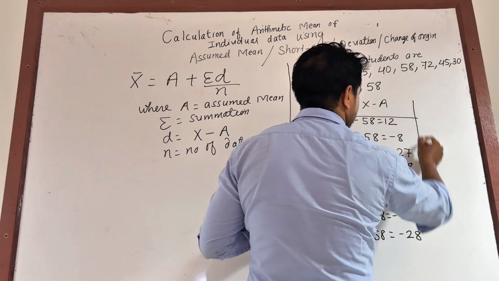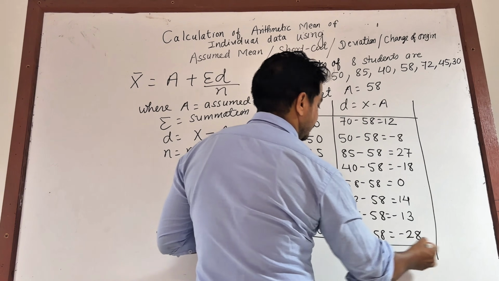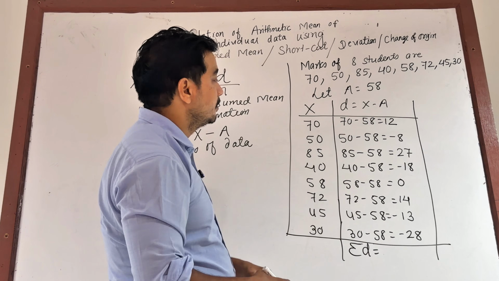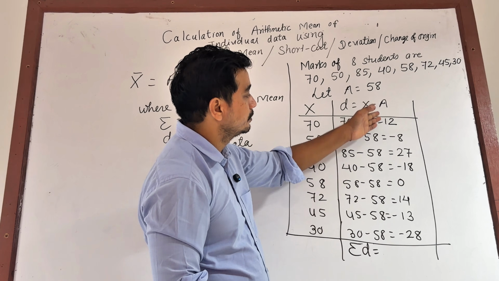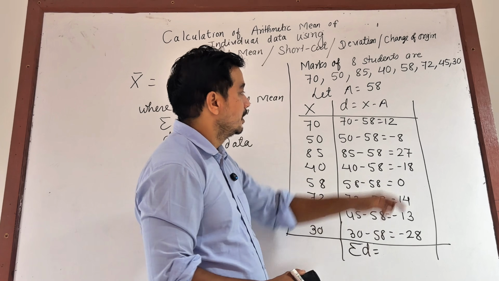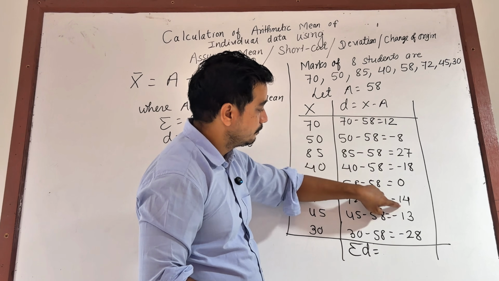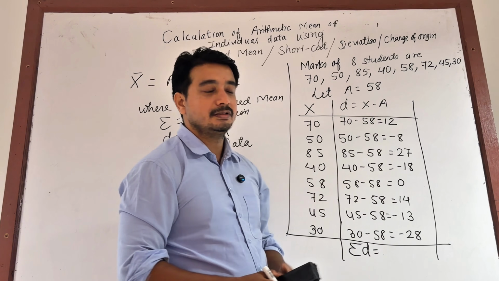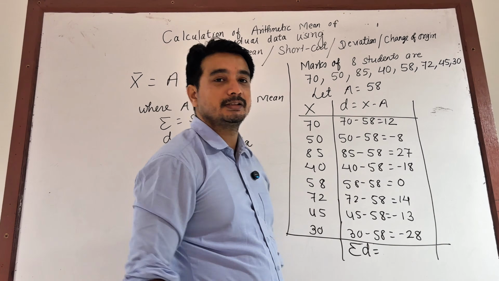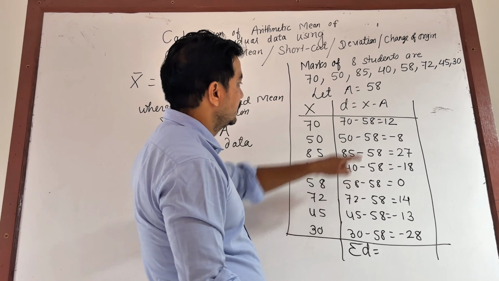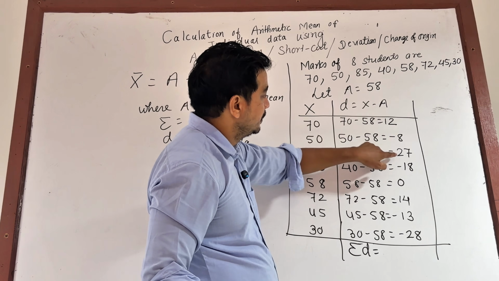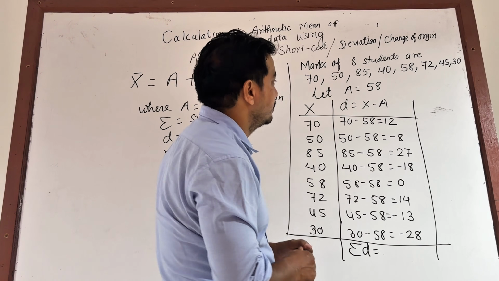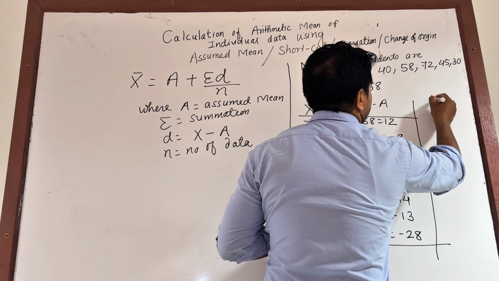Now what we need is summation d. First of all you add the positive values: 12, 27, 14. 12 plus 27 is 39, and 39 plus 14 is 53. So the positive total is 53.